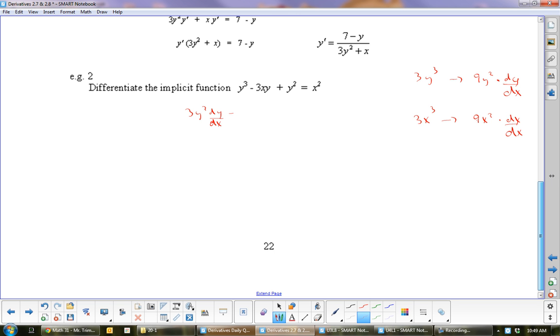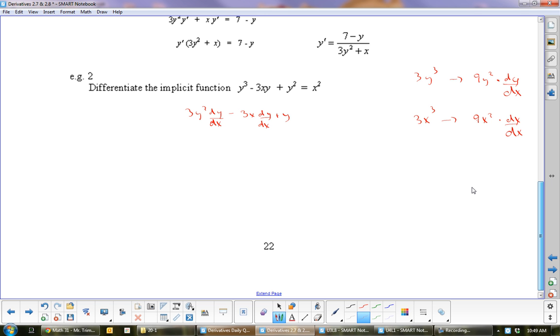minus, now I've got to use the product rule here. It's the first times the derivative of the second, which would be dy over dx, plus the second, which would be y, times the derivative of x.